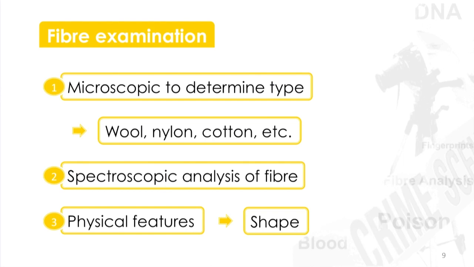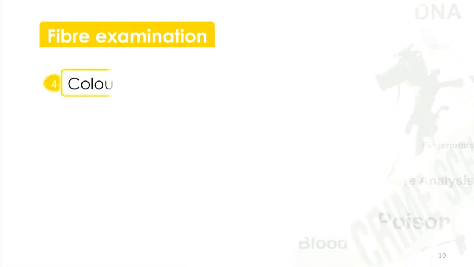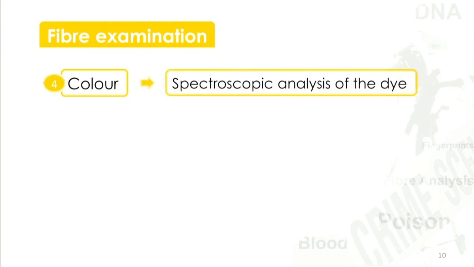So a dye has to be added to these synthetic fibers to give them those colors. So not only can we do spectroscopic analysis to determine the chemical nature of the fiber, we can also do spectroscopic analysis to determine the chemical nature of the dye. And this, of course, will be another step towards individualization of that fiber.